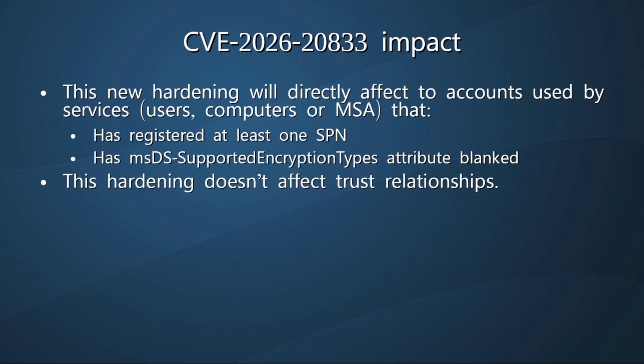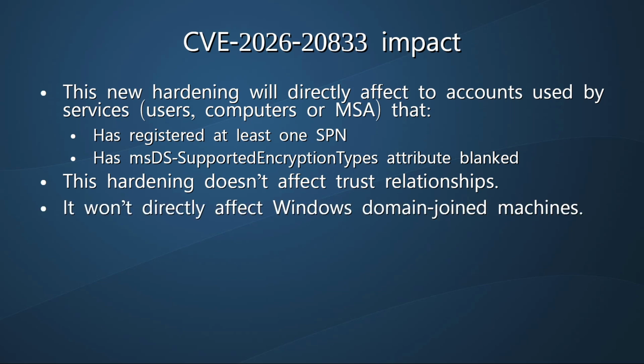This hardening does not directly affect trust relationships or domain-joined Windows computers. I want to clarify one point. I say that this hardening does not affect Windows computers, but it does affect computer objects that are used as service accounts. So I'm going to specify more.